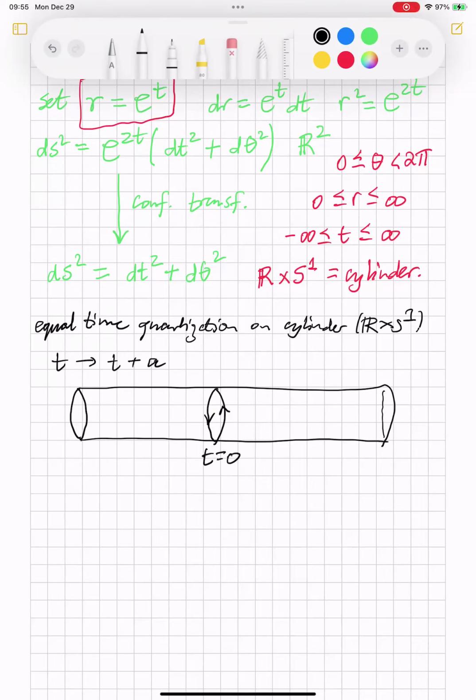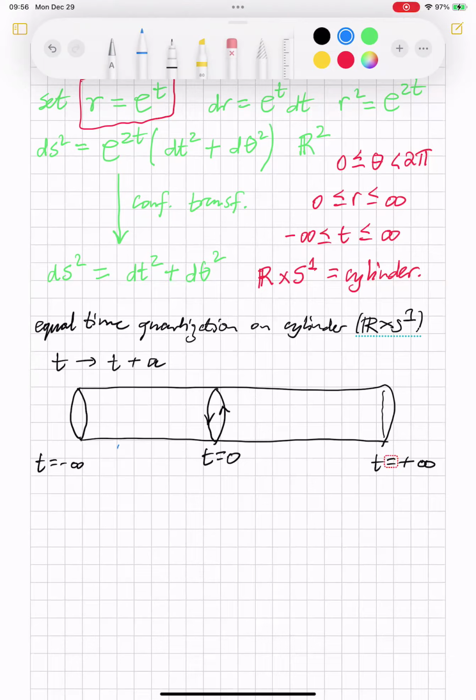t runs along the cylinder. This side of the cylinder is at t is equal to minus infinity. This side of the cylinder is at t is equal to plus infinity. And if we fix a specific value for t, all points with a specific value of t form a circle along the cylinder.